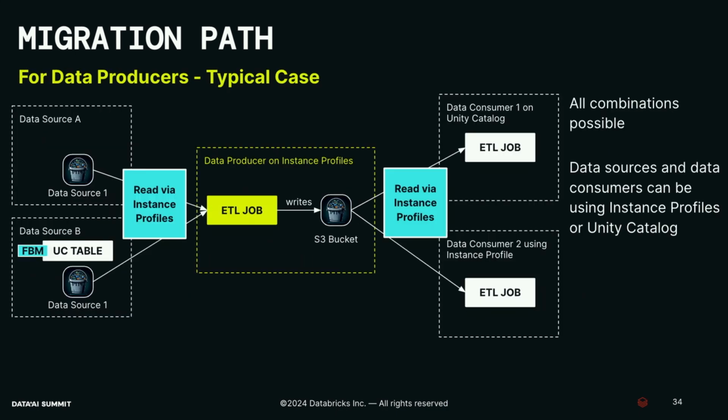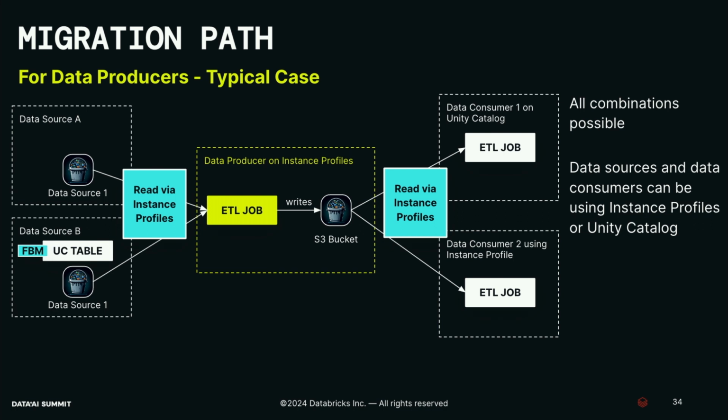Okay, so let's make an example, right? So the team that wants to adopt Unity Catalog is in the middle. So it's the data producer, and it still uses instance profiles. And the problem is we have such a complex migration, you have all possible combinations during the migration phase.